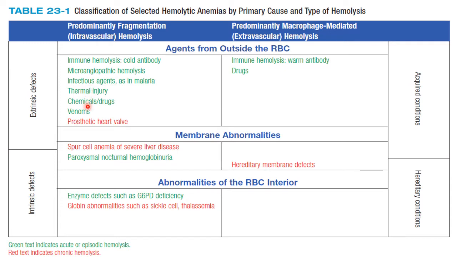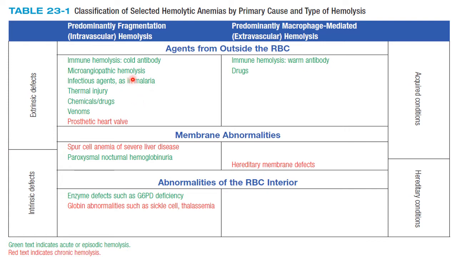Halimbawa, option natin, letter A, membrane defect, B, PNH, C, gawin natin babesiosis or malaria, D, G6PD. So, lahat ng yon halos intrinsic except the babesiosis or malaria, which involves extrinsic. So, ganito mag-aral, regarding dito sa table na to.